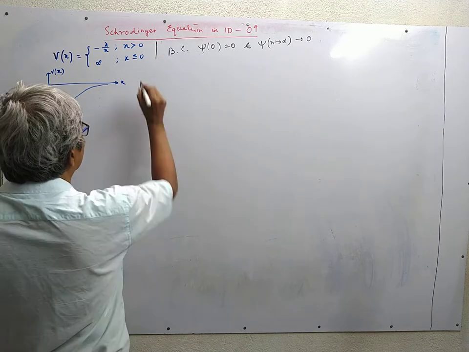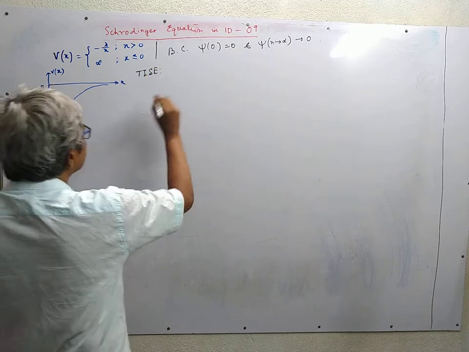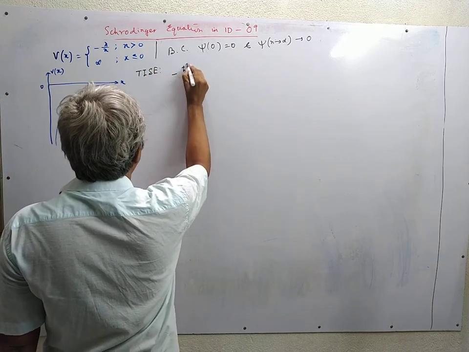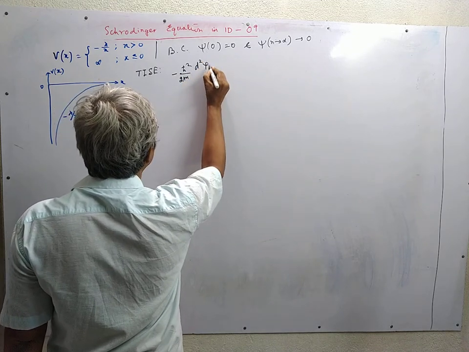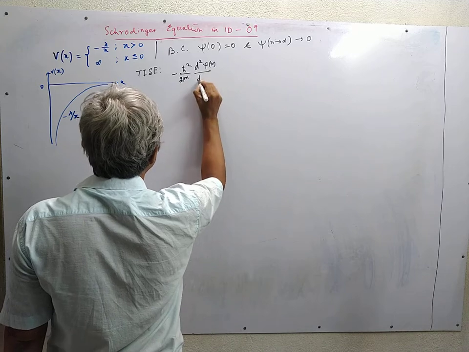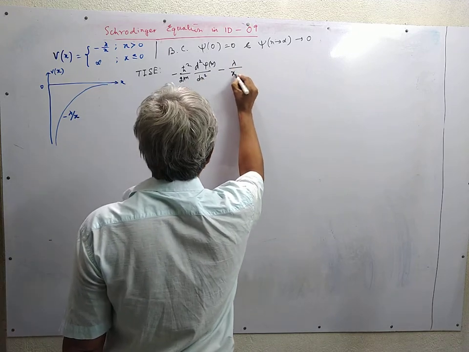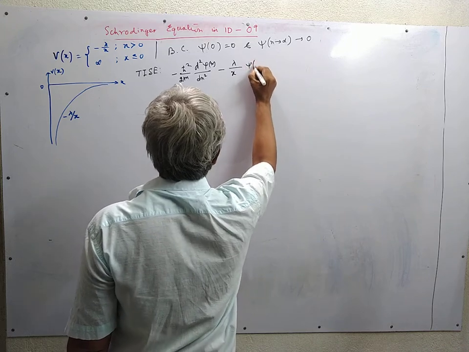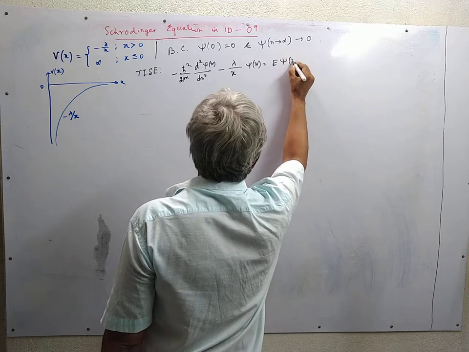The time independent Schrodinger equation is minus h bar square by twice m del 2 psi del x2 minus lambda upon x psi equal to E psi.